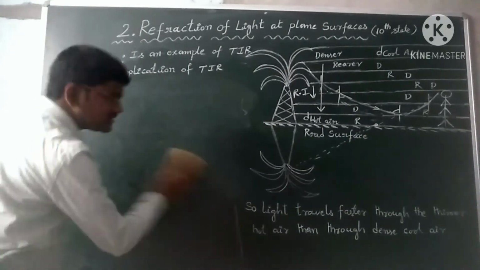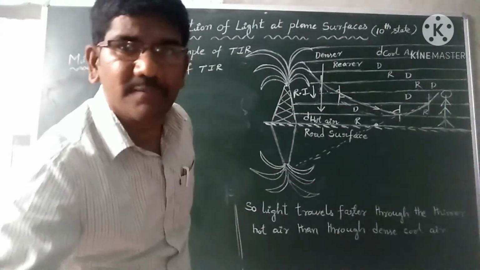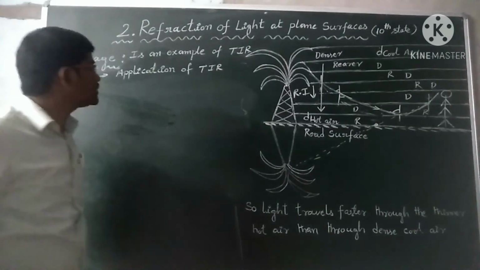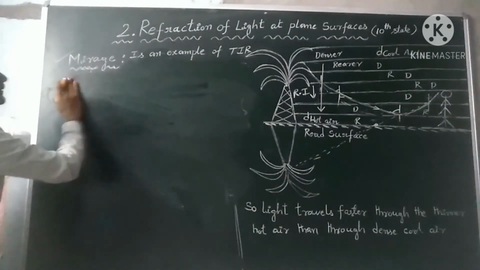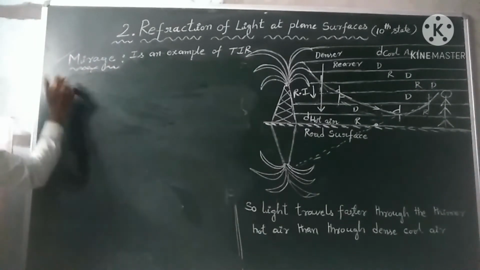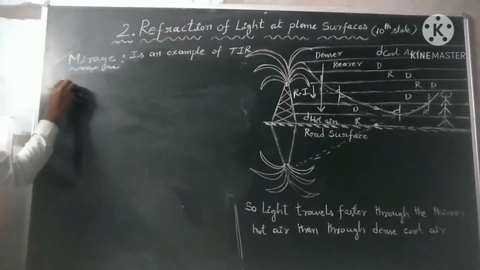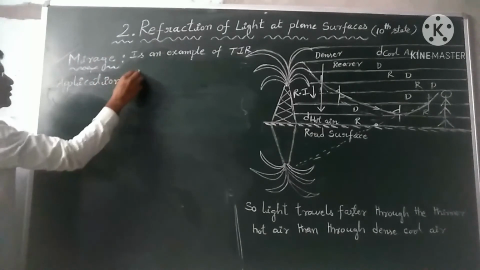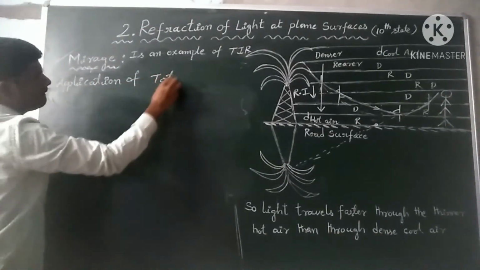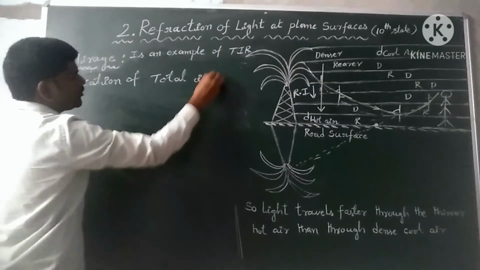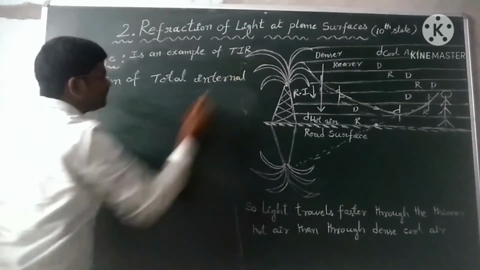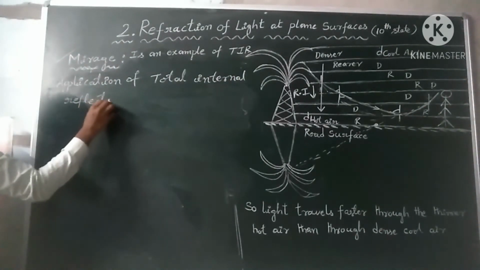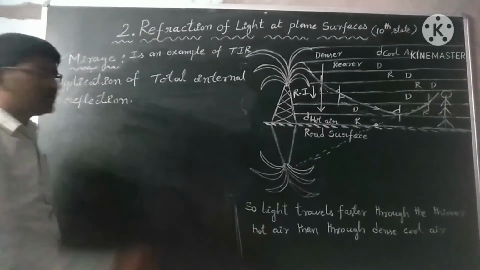See, my dear students, the main important point here is that mirage is an example of TIR, an application of total internal reflection.